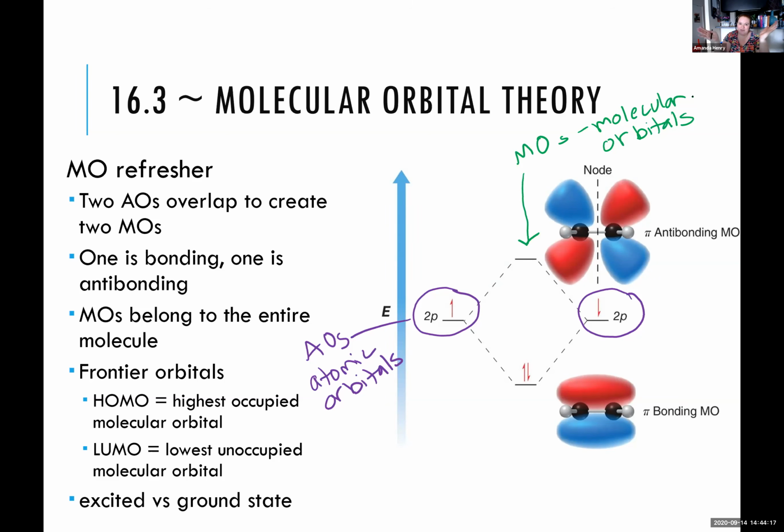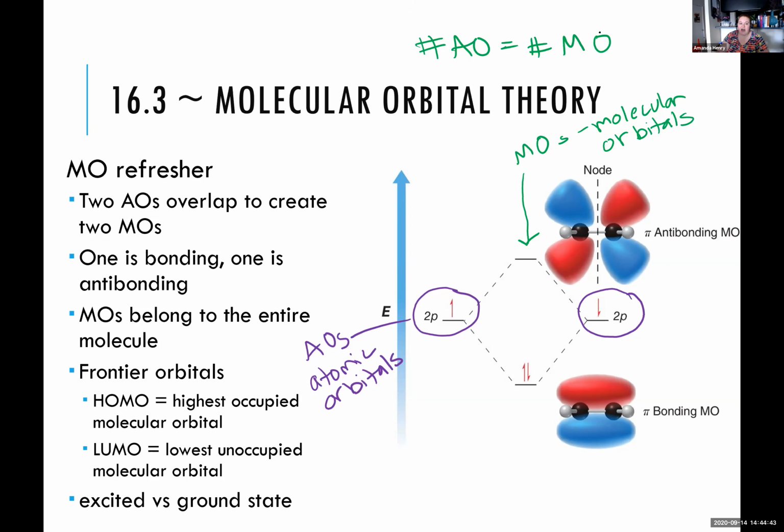So the atoms become, after they form bonds, molecules. And then the number of AOs is always equal to the number of MOs. So in this example, we have 2 AOs and we have 2 MOs.